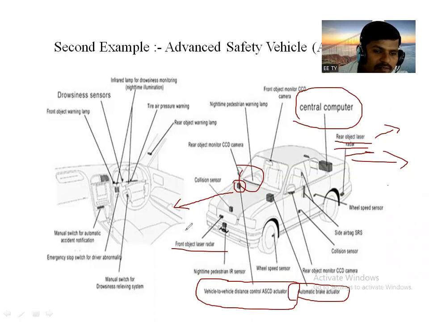That means if the distance between two vehicles is very less, or they are near each other, at that situation the automatic brake can be applied, not applied by the driver but applied by the actuator.